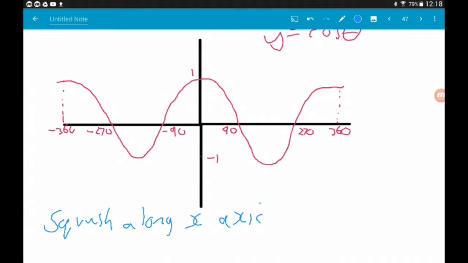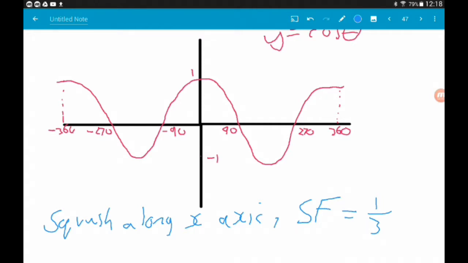Now, the scale factor is 1/3. So every x-coordinate on cos of theta gets multiplied by 1/3.